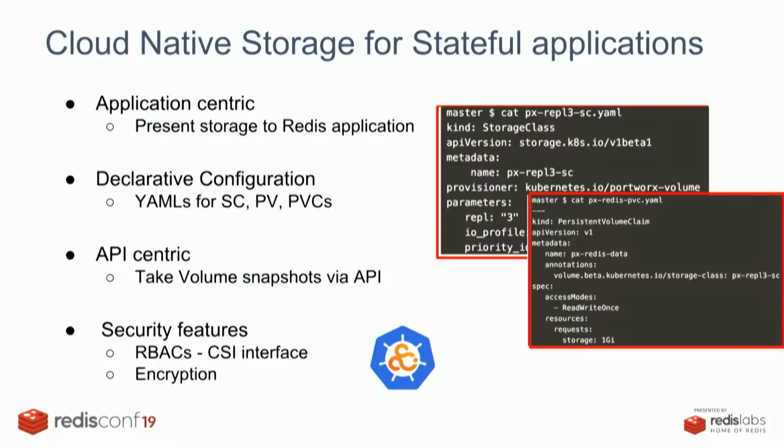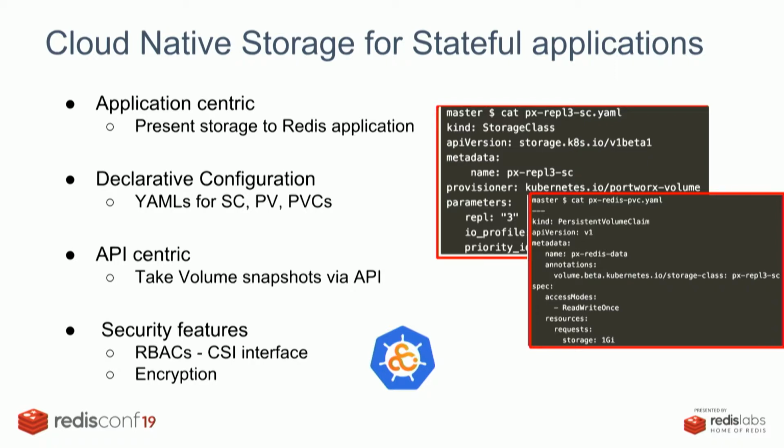So I've been talking about cloud native storage solutions for stateful applications. So what does cloud native storage mean, right? Here's my quick interpretation of what it means. First of all, just like Redis, it should provide you with an API which you can call to provision your storage. So it should be very declarative, right?